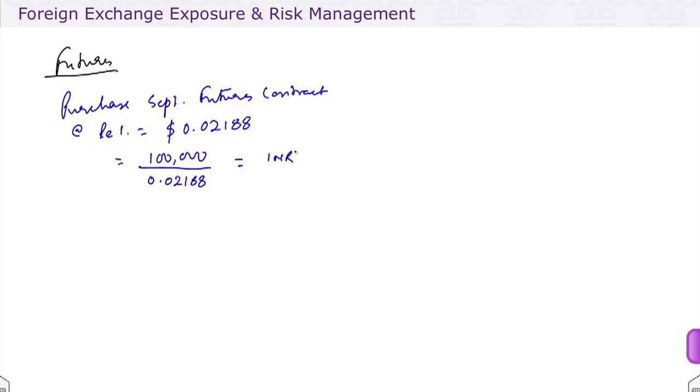INR would be, if I take the help of a calculator, 1 lakh divided by 0.02188. So it comes to 47,21,435.